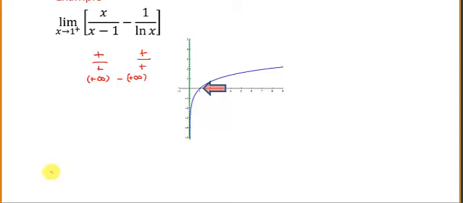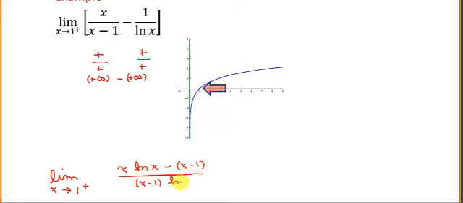If I do that, I'll have the limit as x approaches 1 from the right of x natural log of x, minus the quantity x minus 1, all over x minus 1 times the natural log of x.